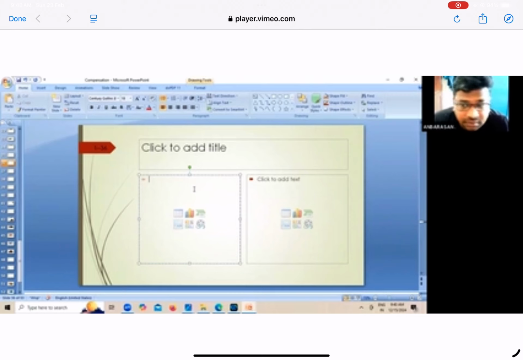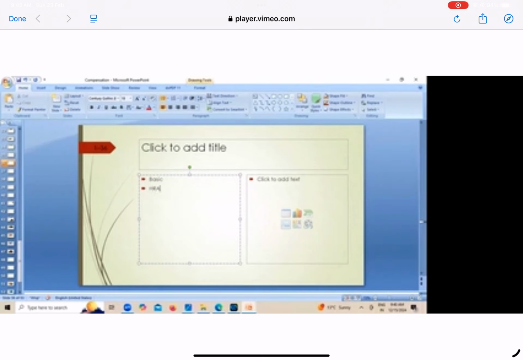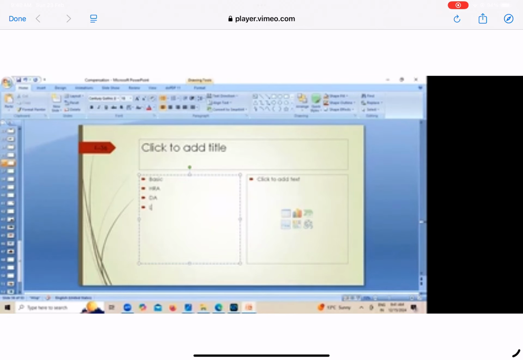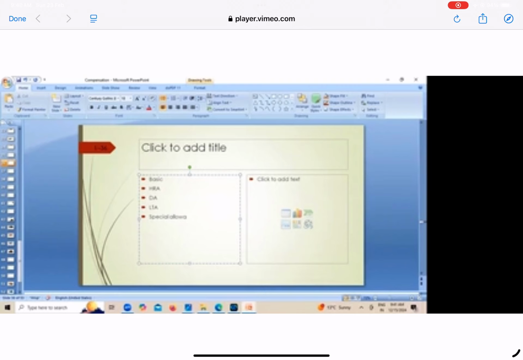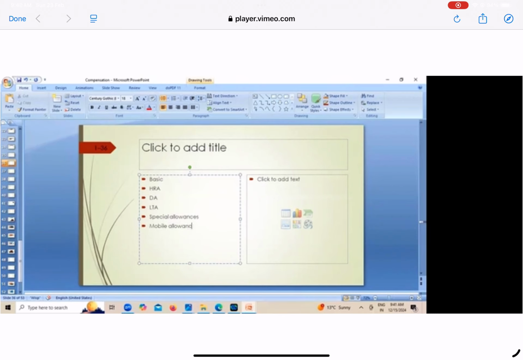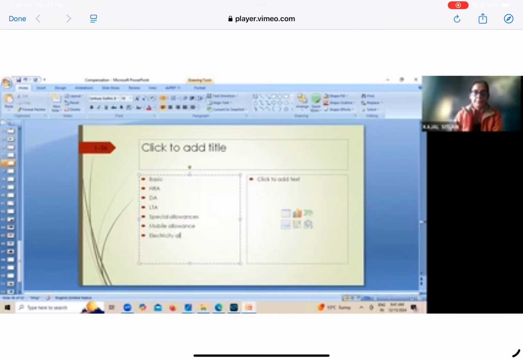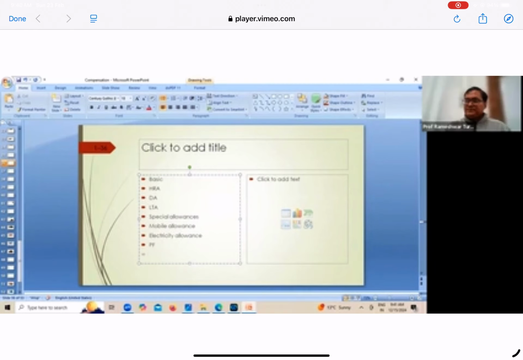What are the different components that you see in a salary slip? Basic. HRA. DA. Special allowance. Ex gratia. Mobile allowance. Electricity allowance. PF. Attire allowance.